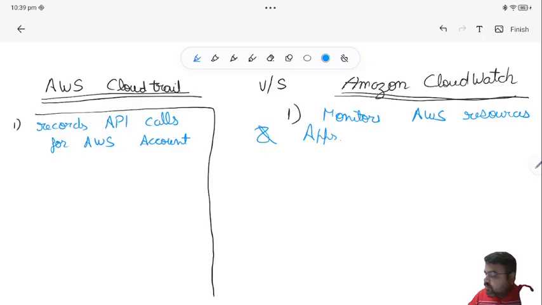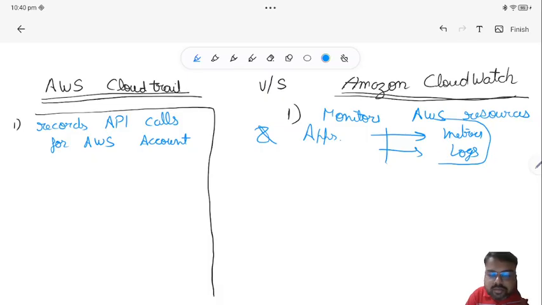So the metrics part, it includes logs part. All these are coming under Amazon CloudWatch.